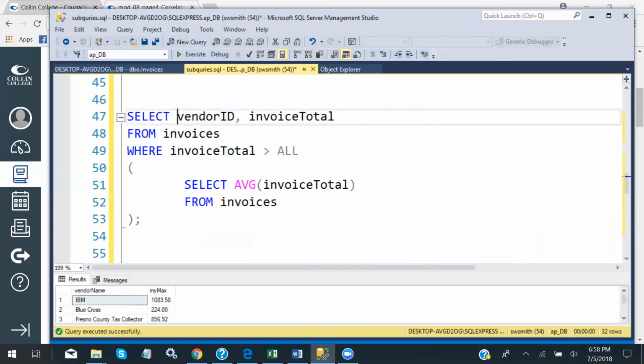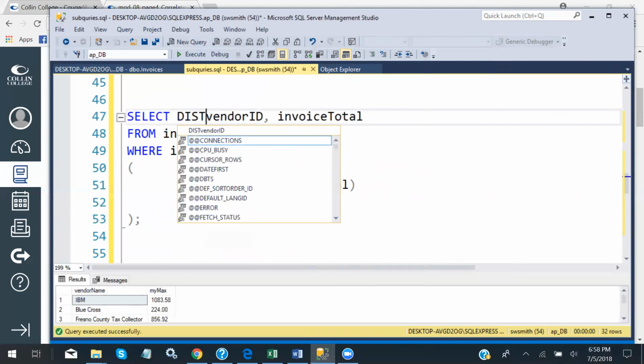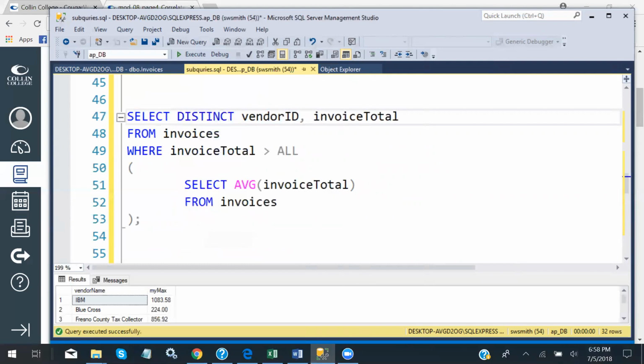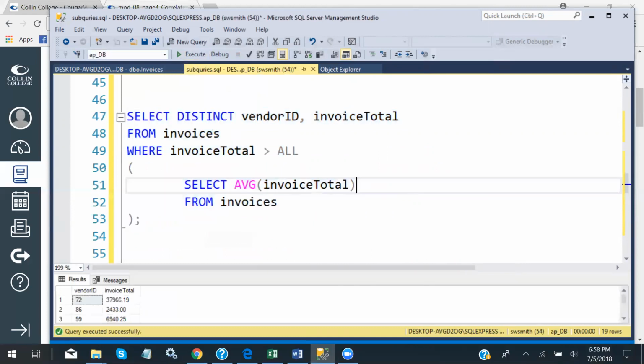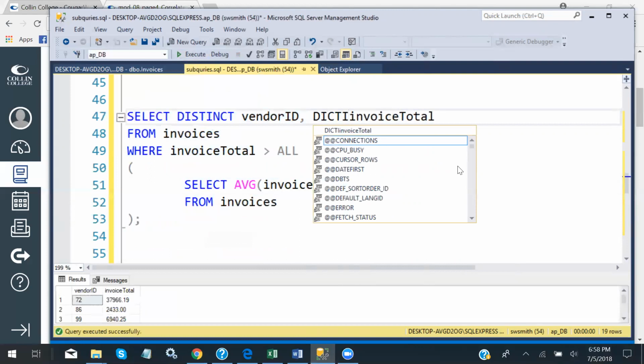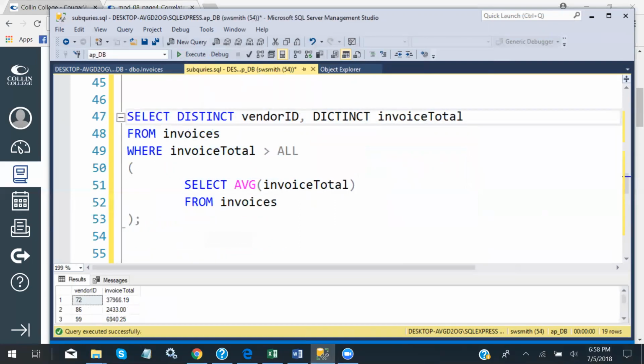I think once you say distinct, the distinct comes right after select. If you state it like that, we get 19 rows. Can I put another distinct in front of the invoice total? Well, it helps if I spell it right.